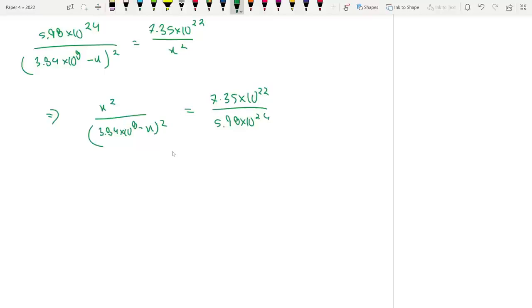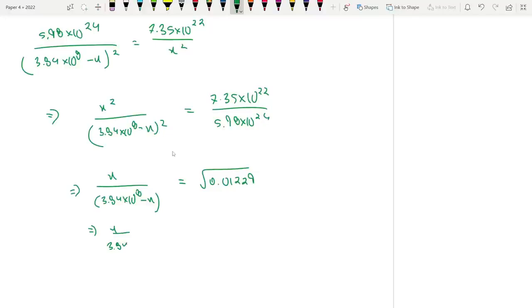Following this step, we need to take the root of the other side. So we end up with this: x divided by (3.84 times 10 to the power 8 minus x) is equal to root of 0.01229.